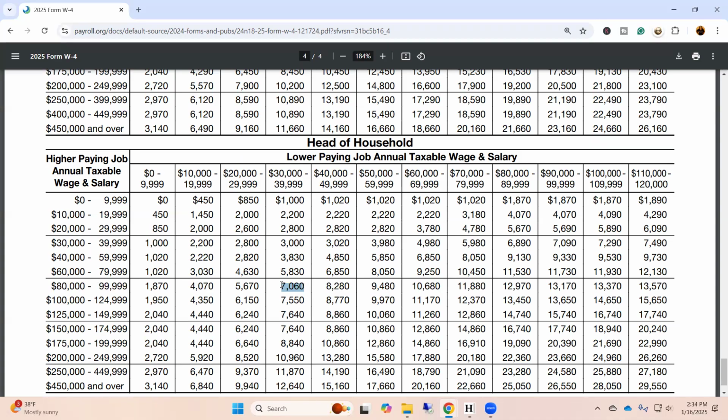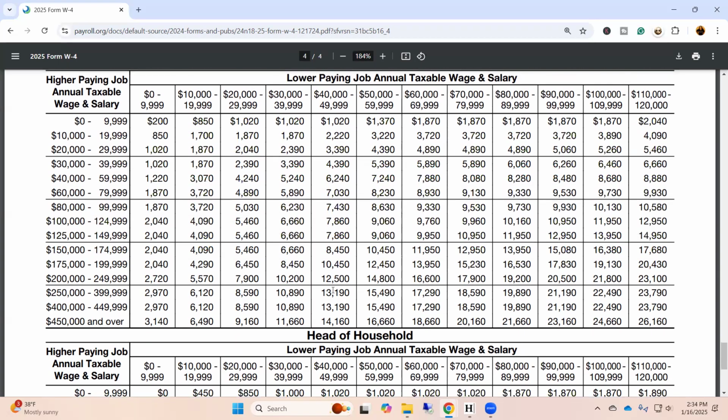Now, before you flip out, he doesn't need to have that withheld every pay period. That's just the amount that needs to be withheld throughout the whole year. So what we would do is take that $7,060 and divide it by the number of pay periods left.